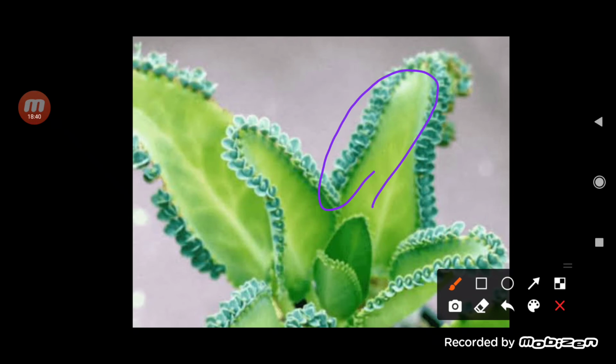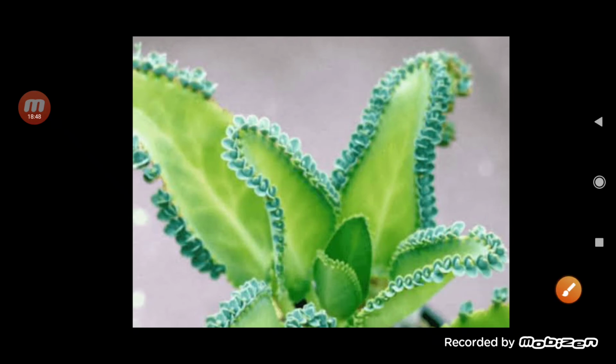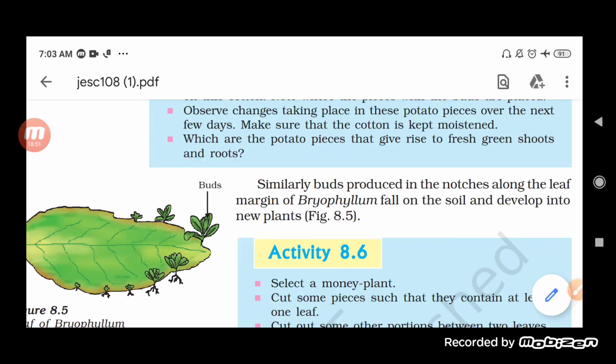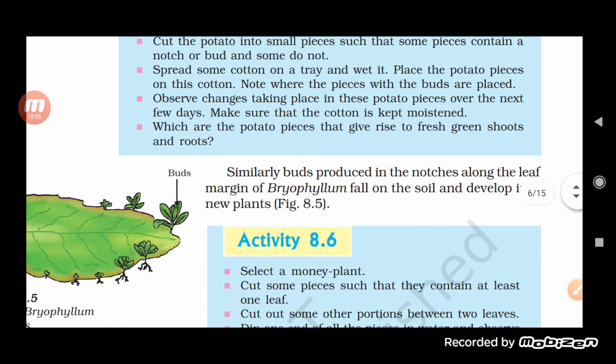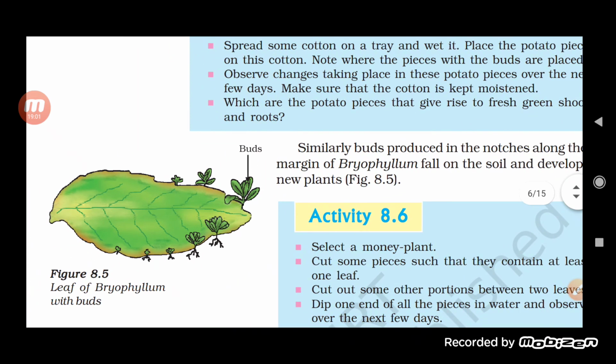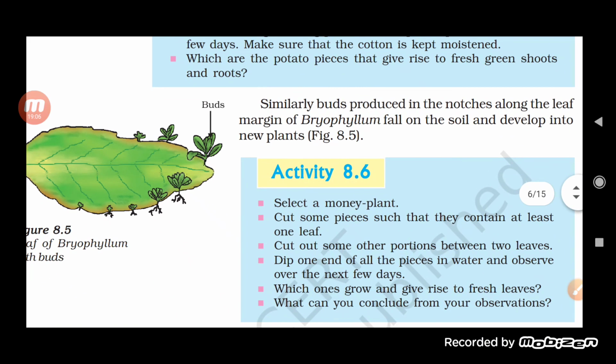So this is how it shows the process of asexual reproduction also. Okay. So you can see here, students, it is written that the buds produced by the notches along the leaf margin of bryophyllum fall on the soil and develop into a new plant. These are the buds that I had recently shown in the figure also.